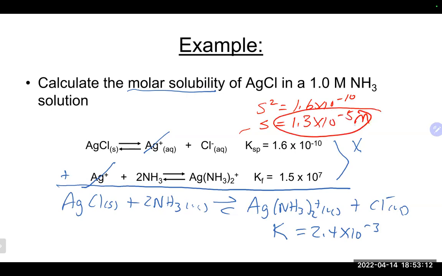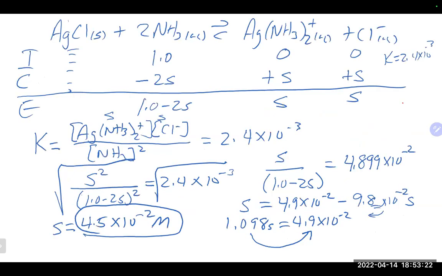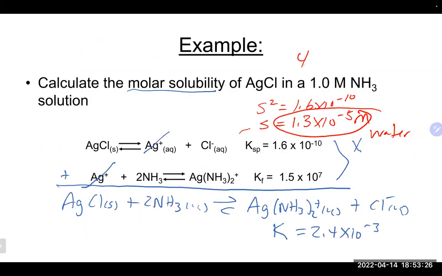That would be the solubility of silver chloride in water. We just calculated that the solubility of it in the ammonia is 4.5 times 10 to the minus 2 molar. Which one is it more soluble in? It is way more soluble in the ammonia, yes?